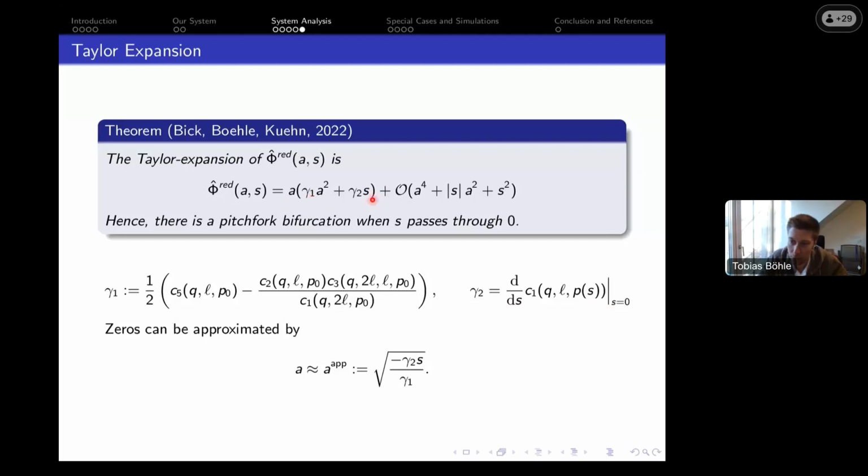Here you can approximate the non-trivial zeros using this formula here. So if you solve this part equal to 0, you find that non-trivial zeros are located at a value that I denote by a app for approximate, which is given by the square root here.